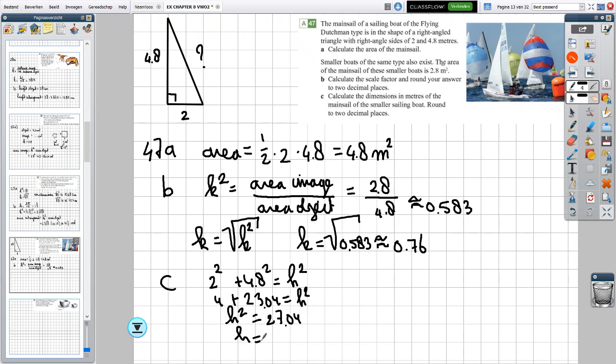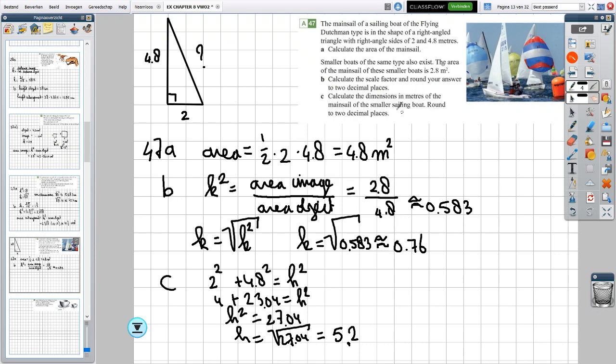So h is going to be the square root of that, which is going to be, oh, that's a nice number, 5.2. So this side here is exactly 5.2.